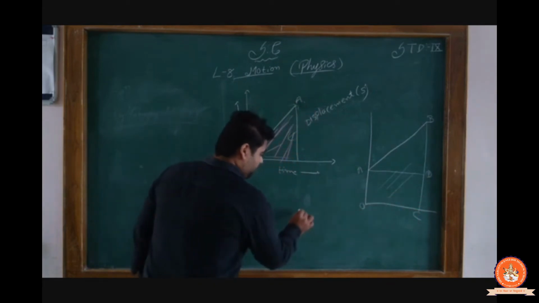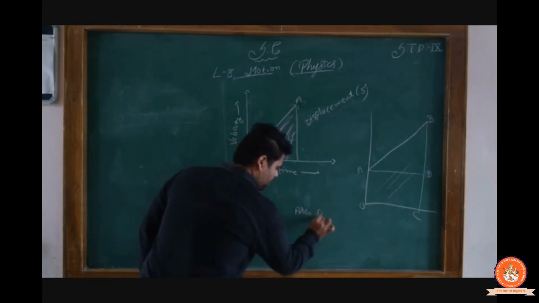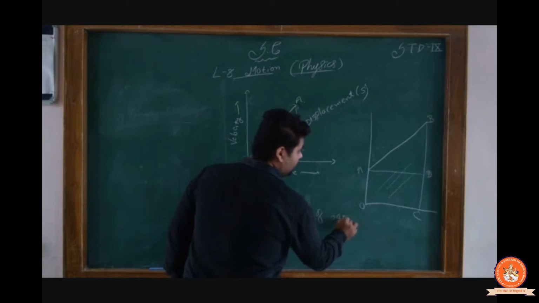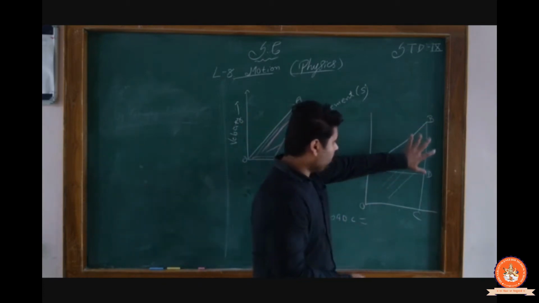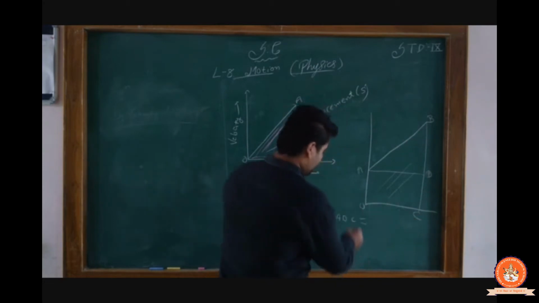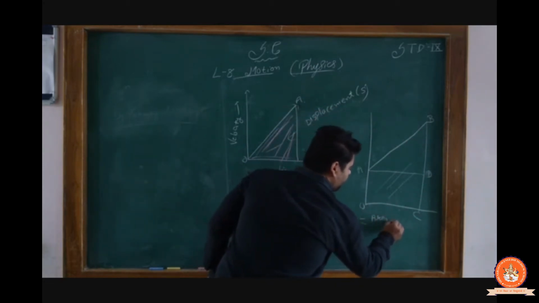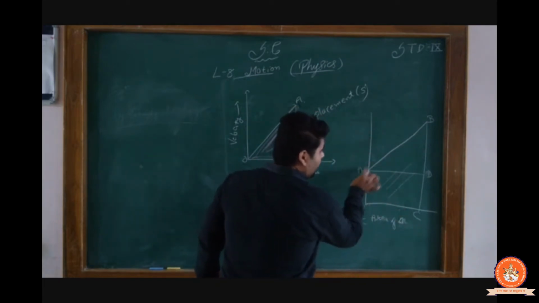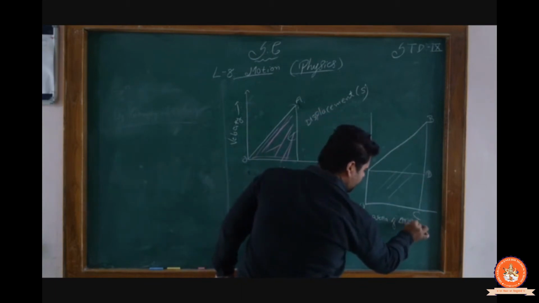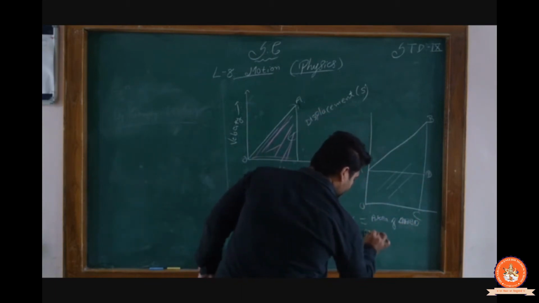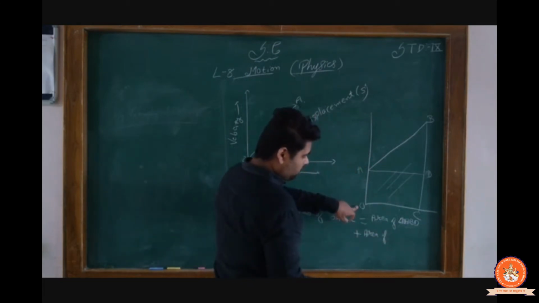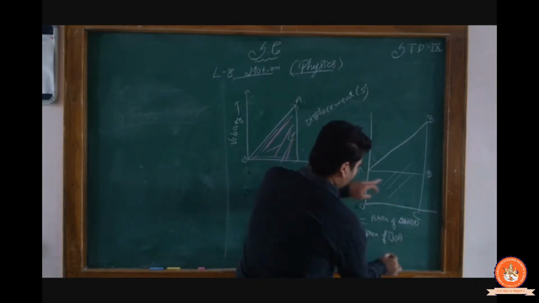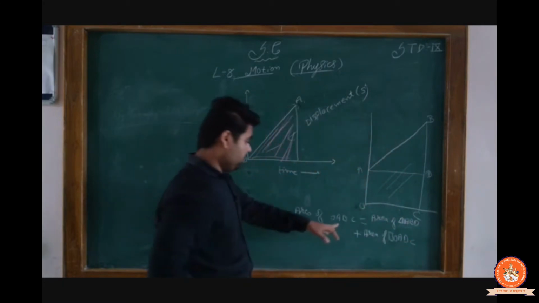If you want to find the area of OABC, it is the area of triangle ABD plus the area of rectangle OADC.